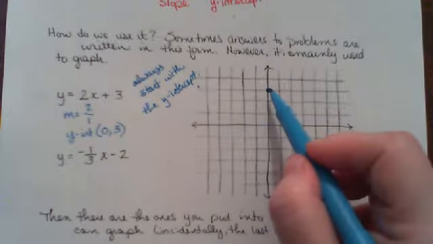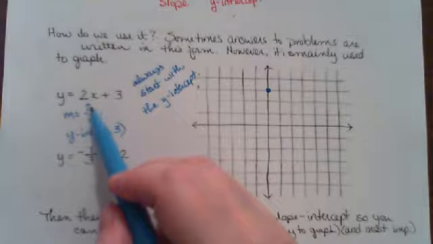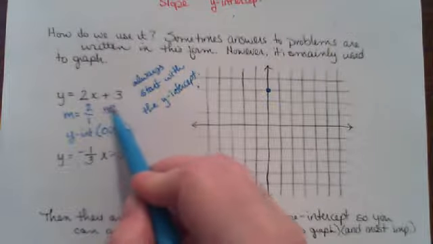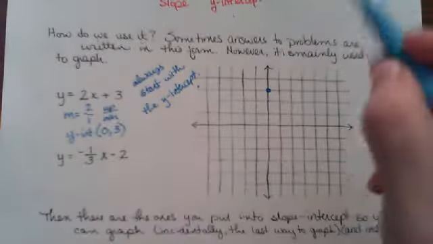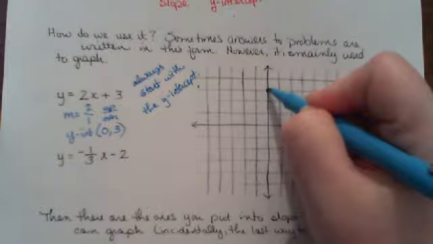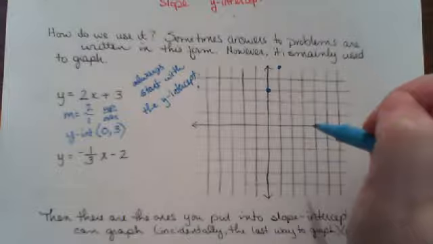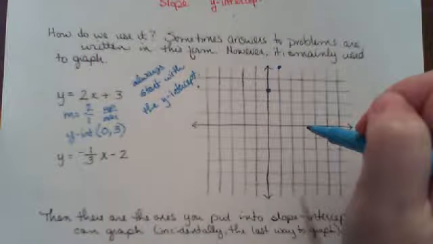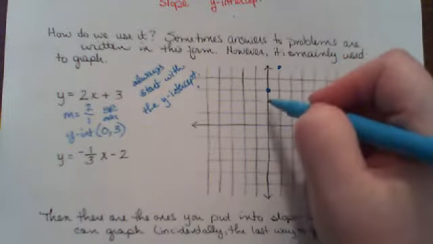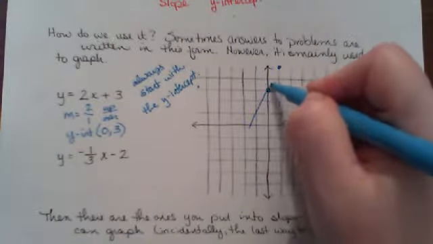And then from this point I can follow my slope, which says we go up 2 and over 1. So from here I go up 2 and over 1. Now that I have 2 points, I can go ahead and draw my line.